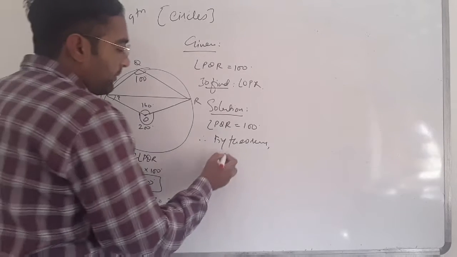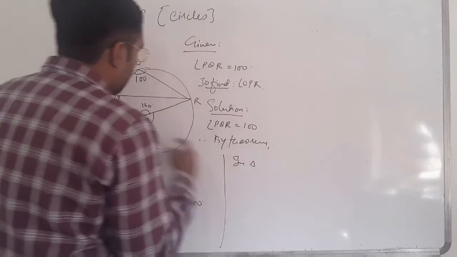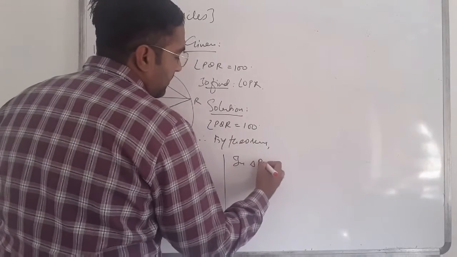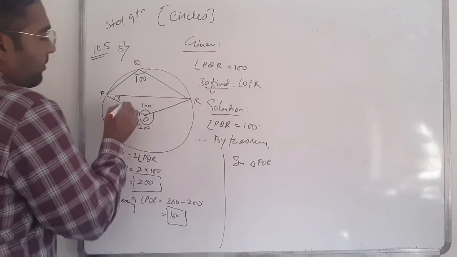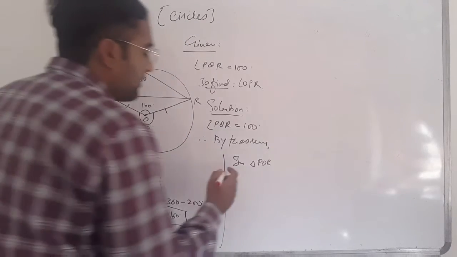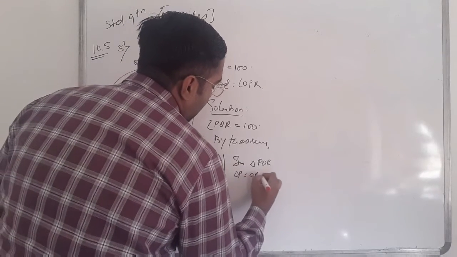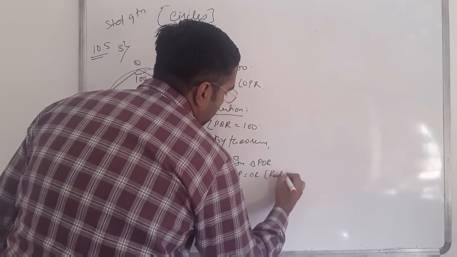Now in triangle POR, PO and OR are equal because they are radii. OP is equal to OR because of the radius.